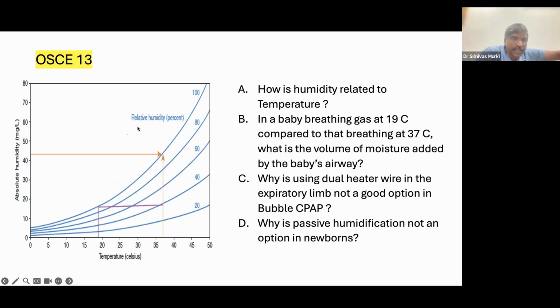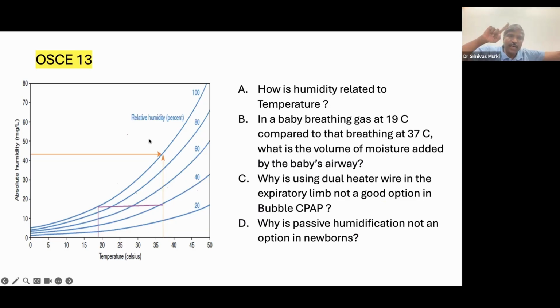Who is this? Yeah, Dr. Aparna, you're absolutely right. No, it has nothing to do with resistance because we are talking about the expiratory limb and not of the baby. It is in the circuit, isn't it? I think Jebin is correct. Normally because of the bubbling, there will be evaporation, so the water level may come down. If the water level comes down in the bubble chamber, the pressure delivered to the baby will be lesser.